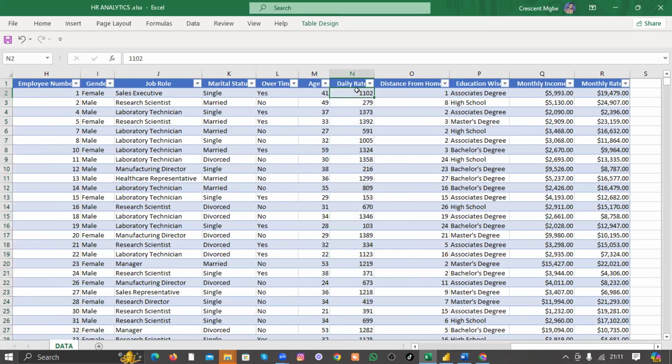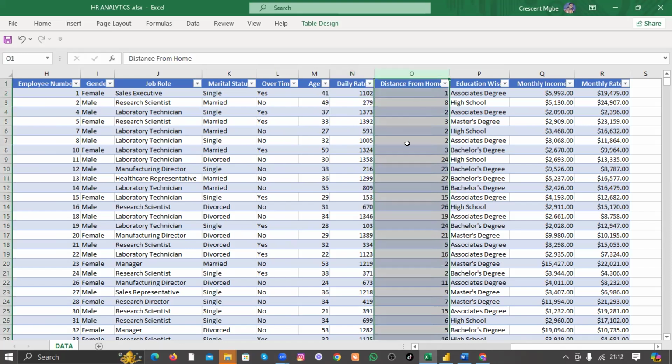Then they'll multiply by the total number of hours you worked. They will know how much you've earned that particular day. That is what the daily rate talks about. If your hourly pay is $15 and you work for 12 hours in a day, your pay for that day is going to be $15 times 12. That is how they got this one.